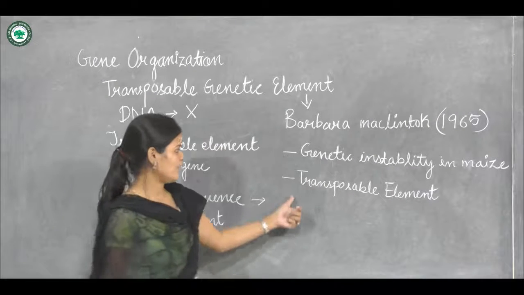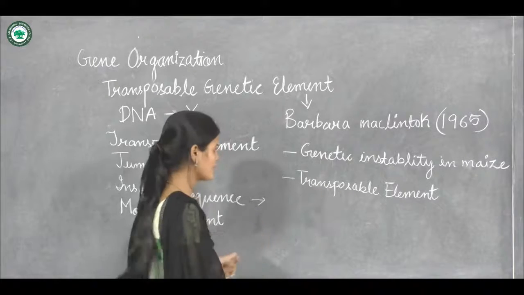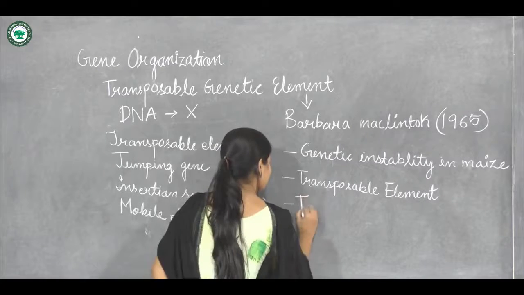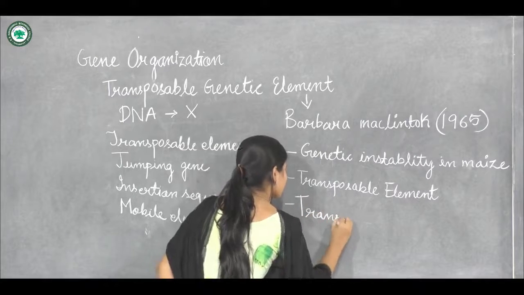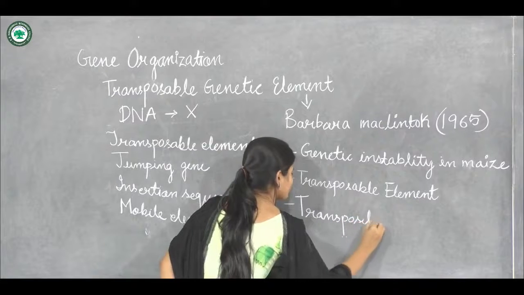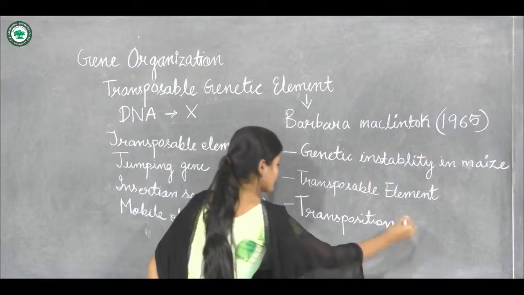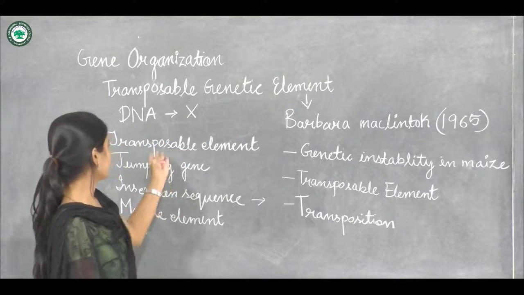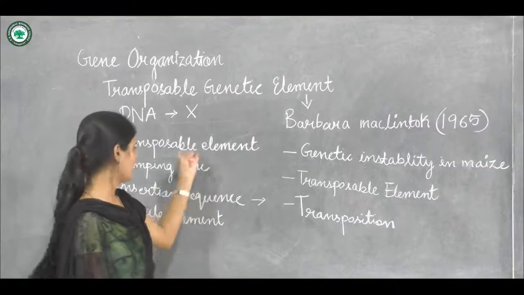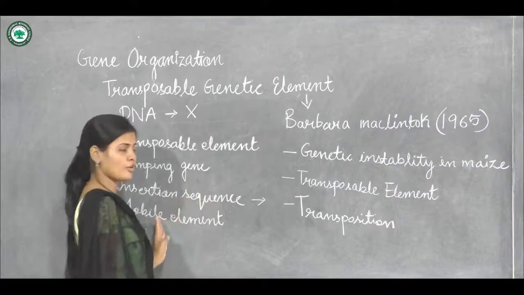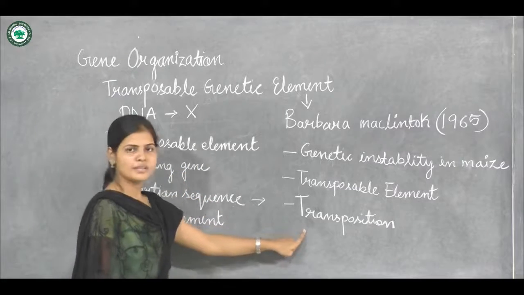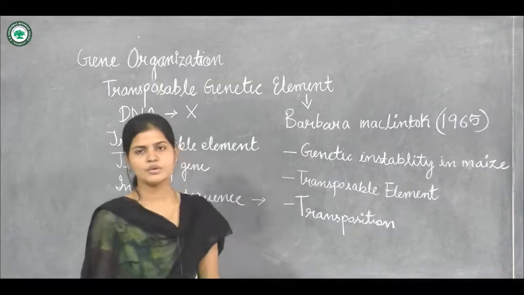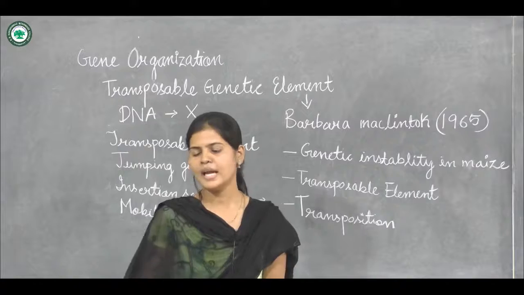This movement of the element is also called transposition. So this movement of the transposable element, or jumping gene, or insertion sequence, or mobile element, is known as transposition. So this is about the transposable genetic element.